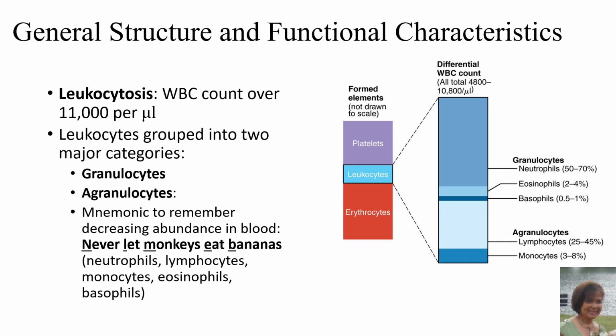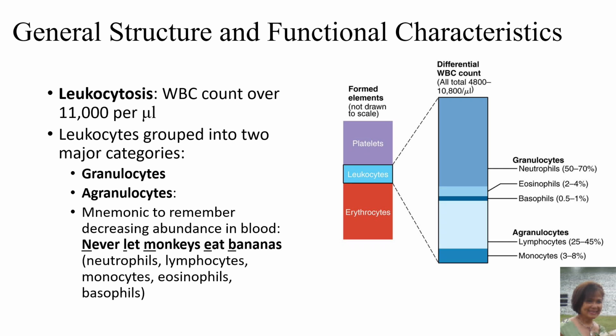Your leukocytes are grouped into two major categories: granular and agranular. But there are actually five leukocytes: neutrophil, lymphocytes, monocytes, eosinophil, and basophil.